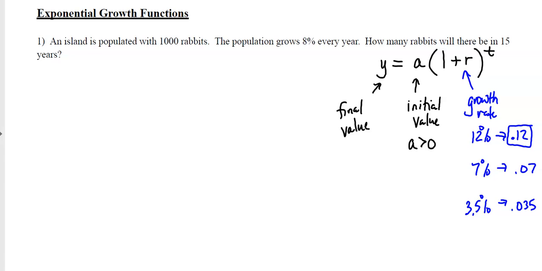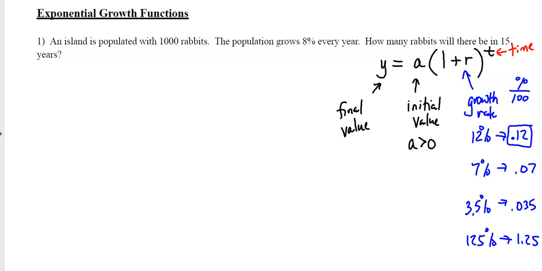If it grows by like 125%, then that would be 1.25 for my r. So you're always just dividing the percent by 100. That's the rule. Divide the percent by 100. And then t is how many times? It's usually minutes, seconds, hours, days, years, who knows? Depends on the problem.